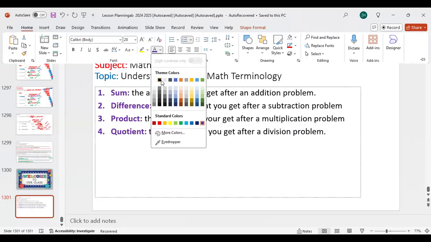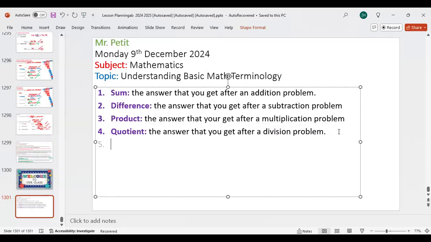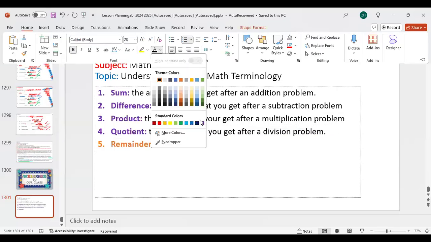And then we have a remainder. What do you mean by remainder? What's left from a division problem? Very good.